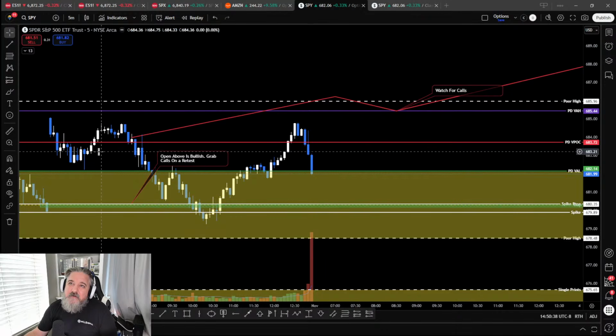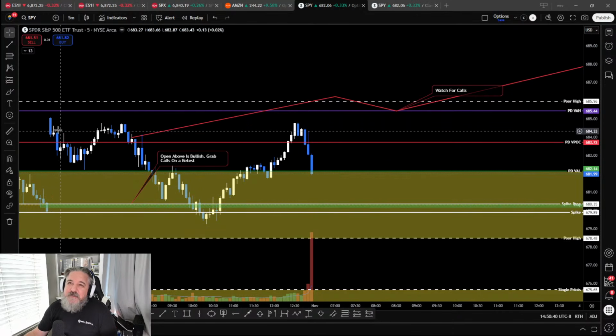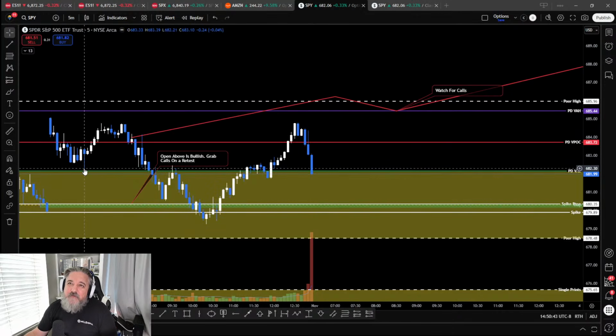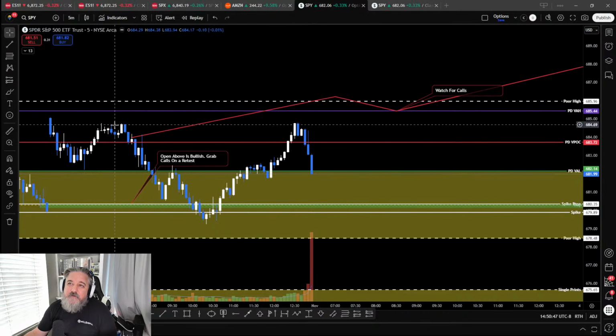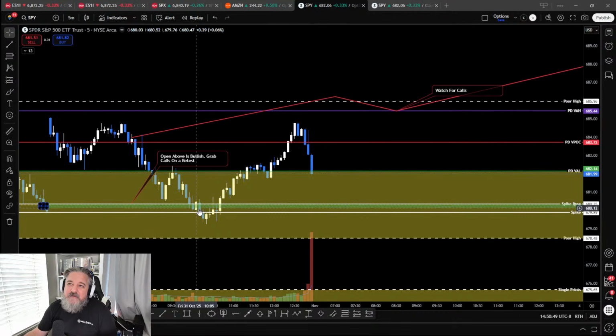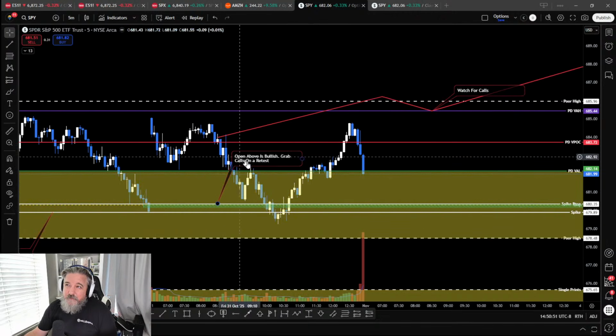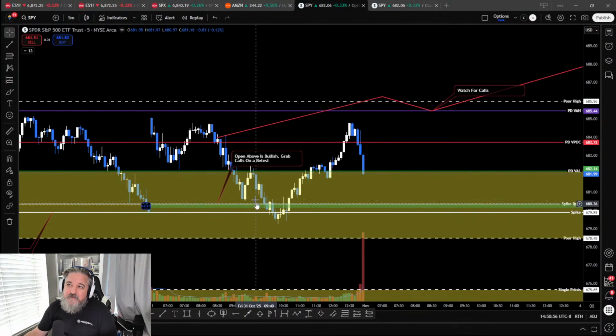From what I'm watching, if you grabbed this for calls, this was not terrible. They didn't really give us a nice clean retest of the buy side high volume node and the spike base.